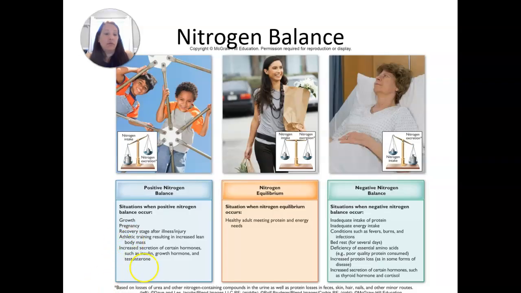And then individuals who are in a state where there's increased secretion of certain hormones like insulin, growth hormone, and testosterone are going to need more protein to be able to make those hormones. Okay, so that's going to be positive nitrogen balance. So again, nitrogen intake is greater than nitrogen excretion.